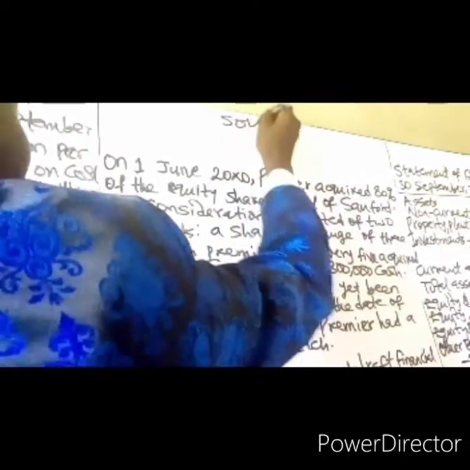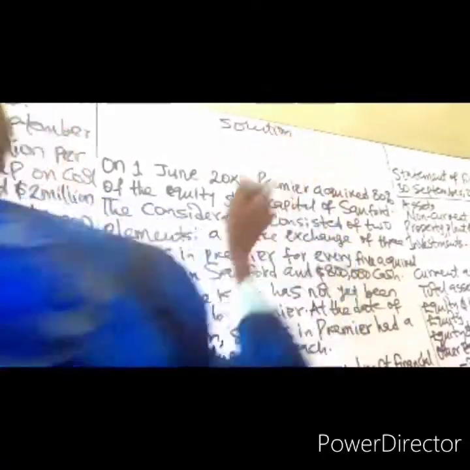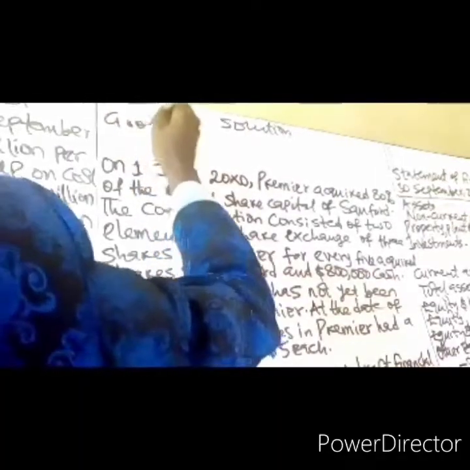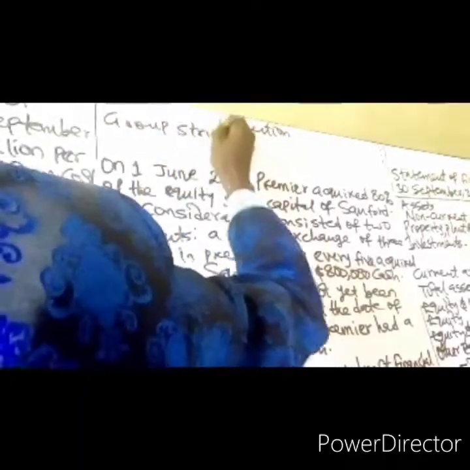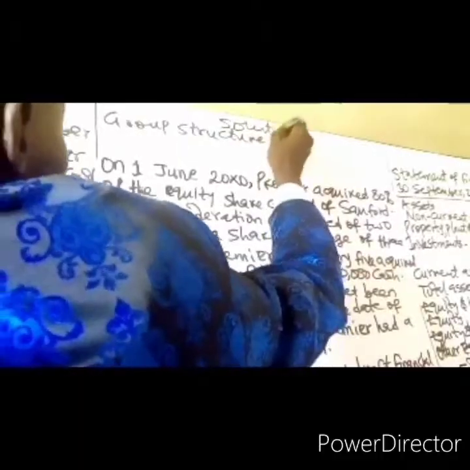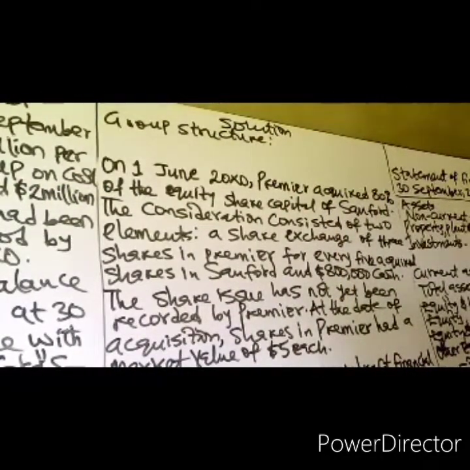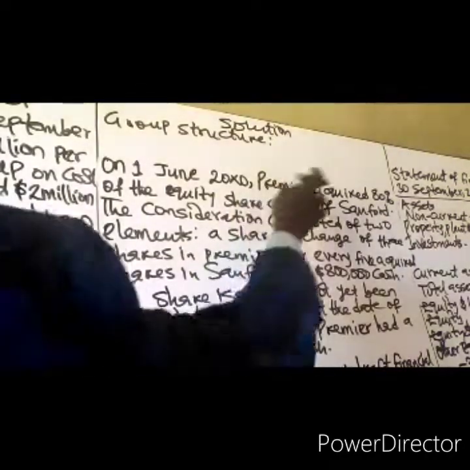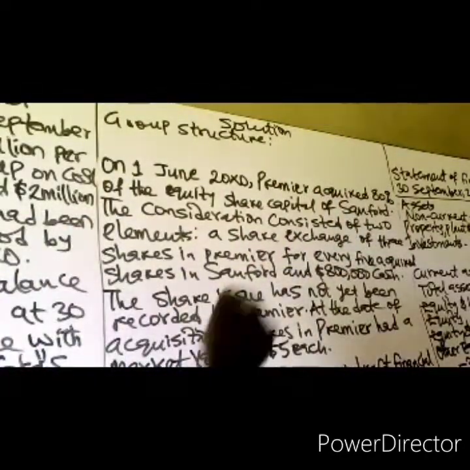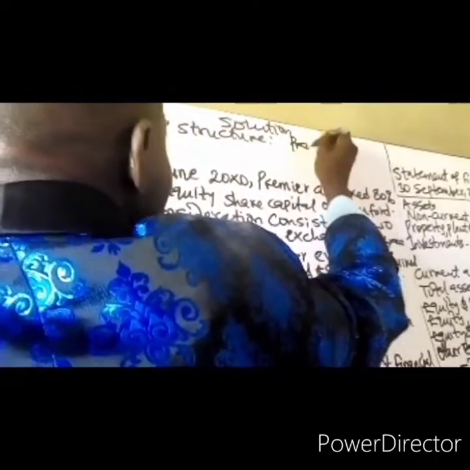I've told you that the first thing is to draw the group structure. Of course, only one subsidiary is involved. That means it will be a simple group structure. Premier acquired 80%. You have Premier. Premier is the parent.